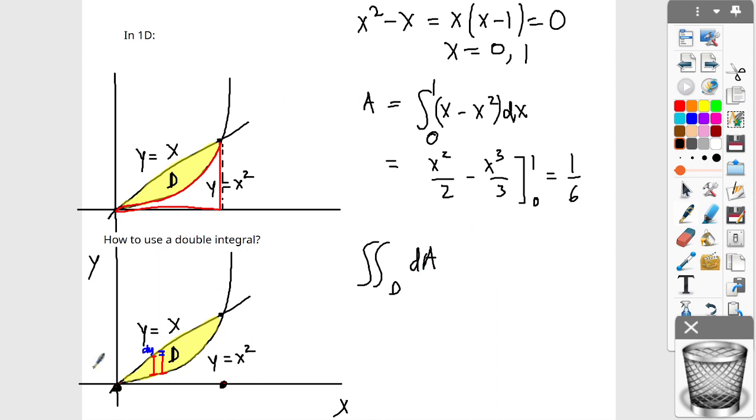So is this an x simple or a y simple region? I'll give you 2 seconds to answer. 2, 1. All right, you guys are correct and wrong, because it's both. It's both x simple and y simple. Well, which one should I use? Well, I gave you the functions, so you should use the functions that I gave you, which is the integral dy dx.